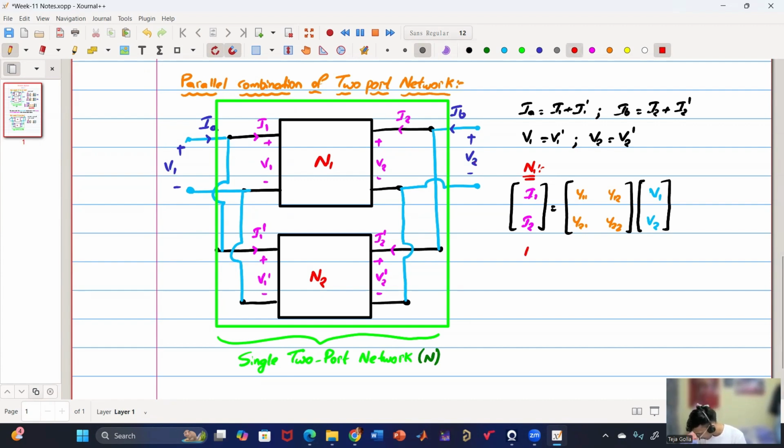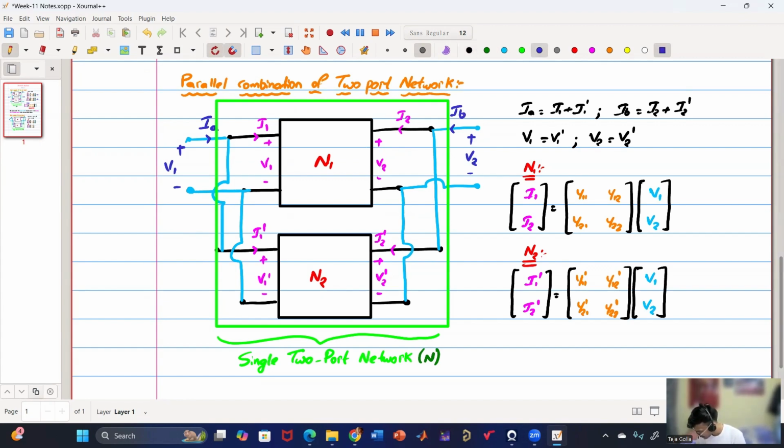Similarly, for network N2, we have I1 dash and I2 dash on the LHS side, and let the parameters be Y11 dash, Y12 dash, Y21 dash, Y22 dash. And the voltages are V1 dash and V2 dash, which are the same as V1 and V2.